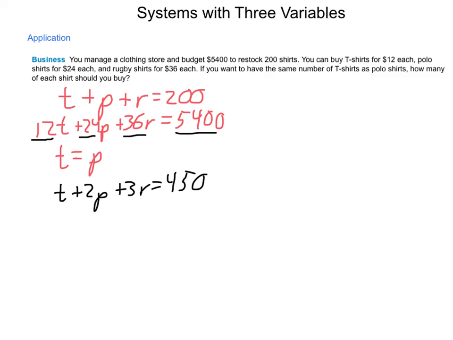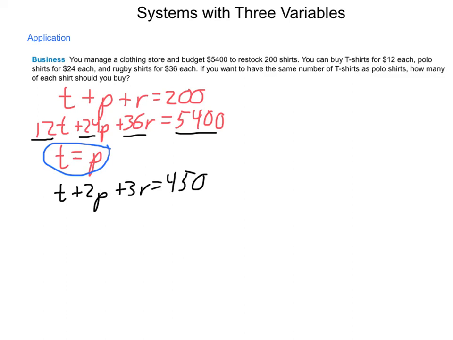Then we have to remember this part, that T is equal to P. So any place in here that we have one of those variables, we can substitute it for the other. So let us replace the T's with P's.